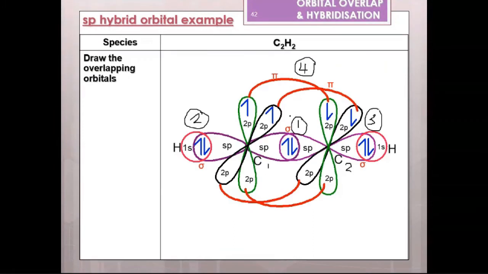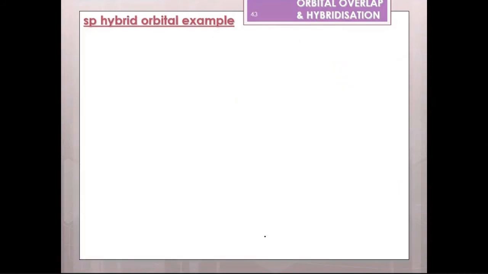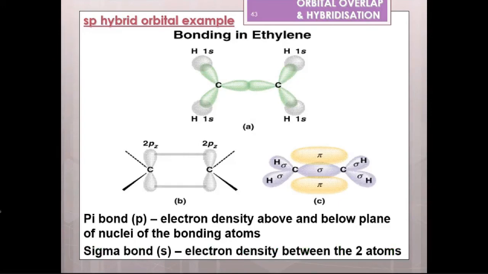Okay. So if we explain using the picture only, it is enough, madam? Enough. You look at the explanation, is it the same as what I said earlier? Okay, this is sp 1s. sp both carbon sigma. And then pi bond, 2p unhybridized carbon, 2p unhybridized other carbon, pi bond. It's the same. As long as the meaning is there. Okay. So this is the diagram. Always remember the pi electron density is above and below the plane of the nuclei of the bonding.